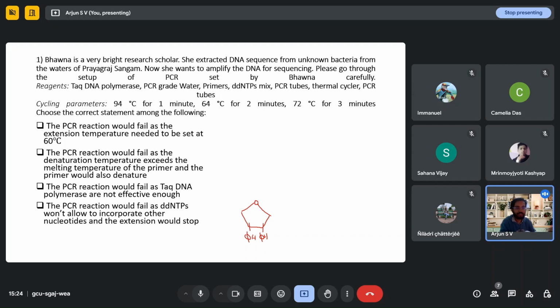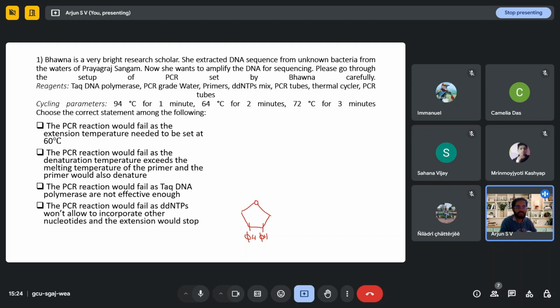So what happens is the preceding or succeeding nucleotide will not be able to bind to any of the sites. When we discuss that a DNA sequence goes from 5 prime to 3 prime or from 3 prime to 5 prime, this is what we mean by binding. If this oxygen is not there, then it can't bind to this nucleotide.